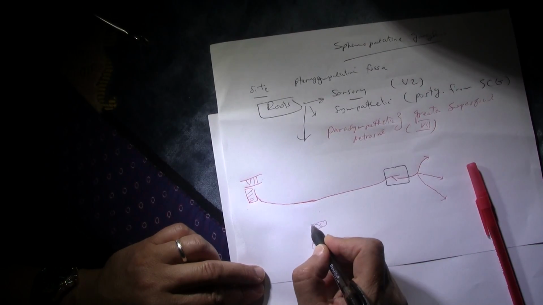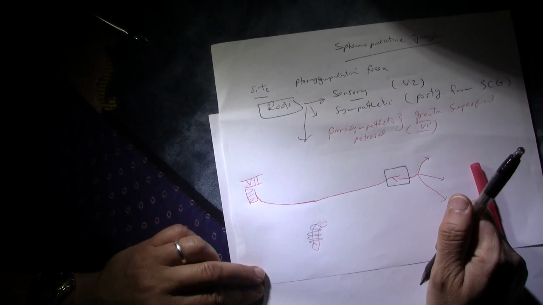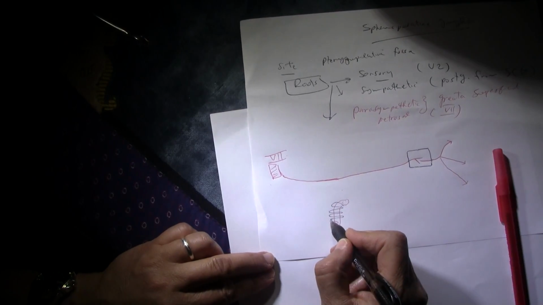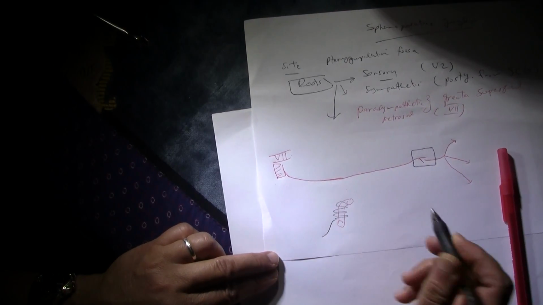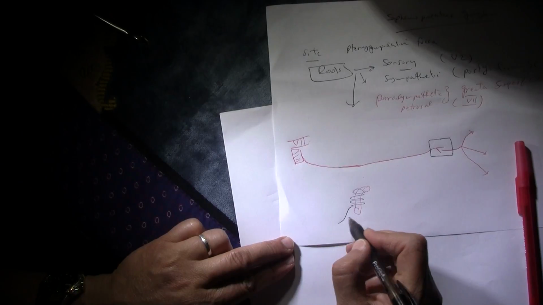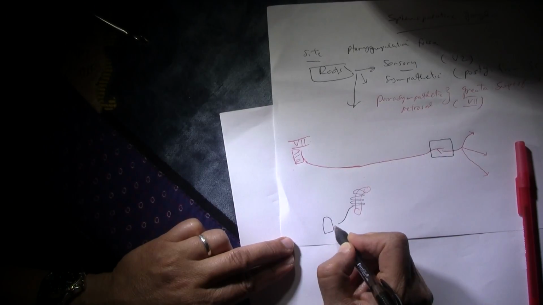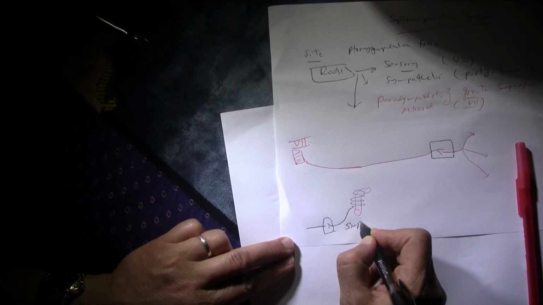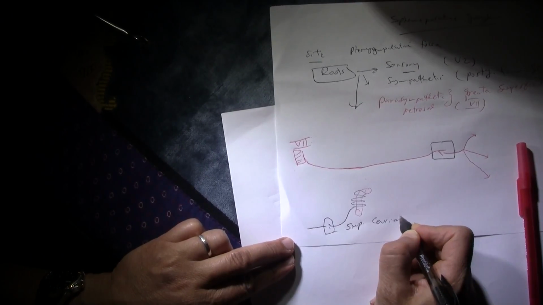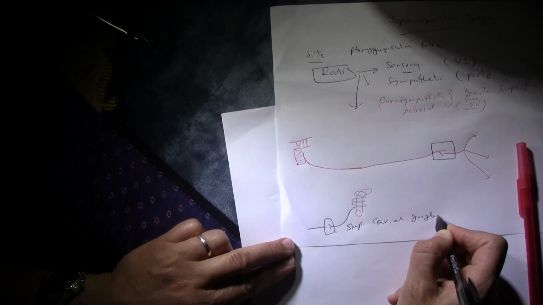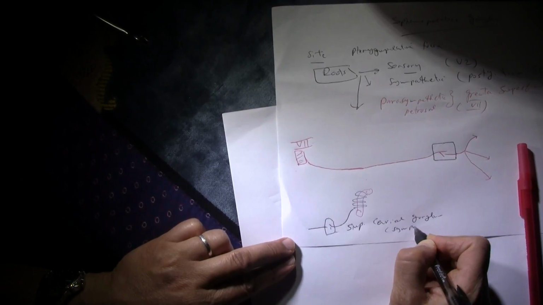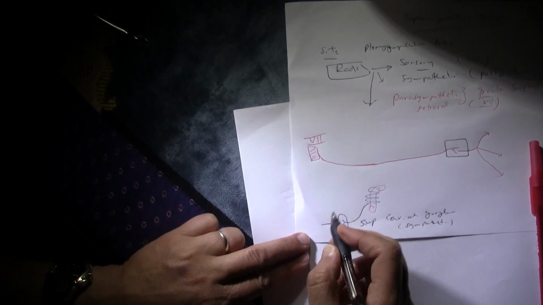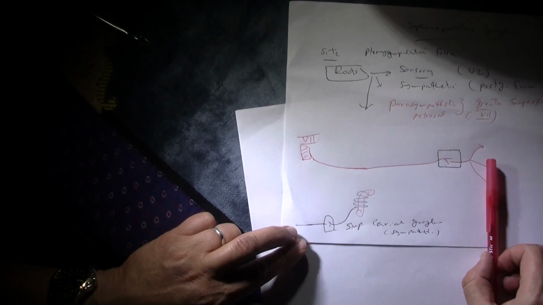Around the internal carotid artery there is sympathetic plexus, which is considered as postganglionic fibers coming from superior cervical ganglion. This is superior cervical ganglion. This is sympathetic.